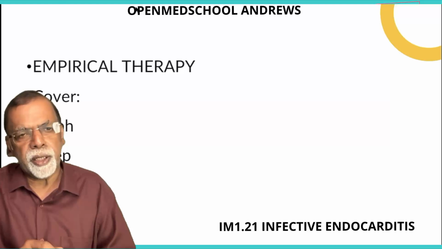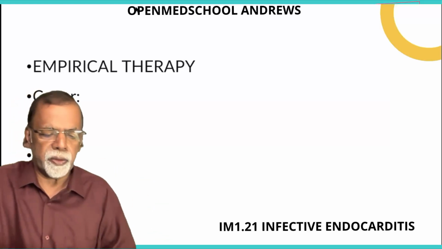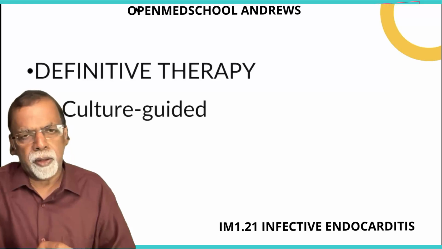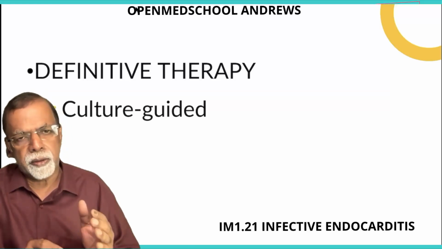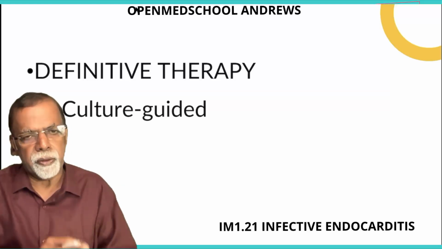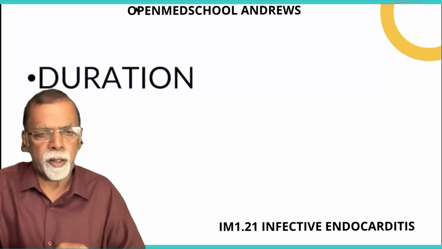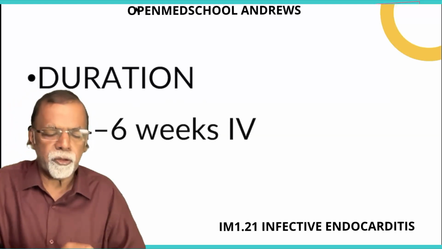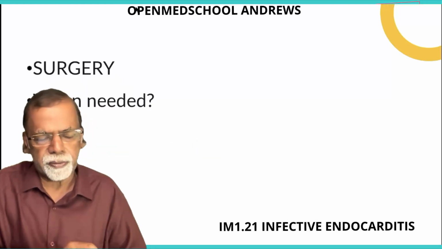The empirical therapy usually aims at covering staphylococcus and streptococcus. You can use ceftriaxone plus gentamicin or crystalline penicillin, either as infusion or repeated doses. The details of therapy I will discuss in another session. And the duration of therapy is 4 to 6 weeks. Remember, it's 4 to 6 weeks of IV antibiotics.